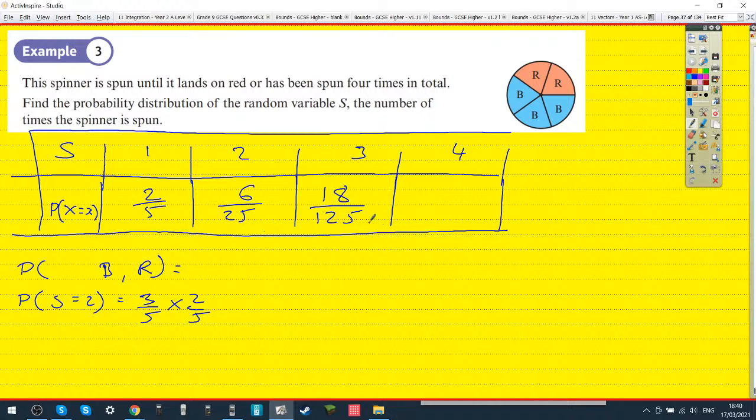And the last one, it could just be all blue, but it could also be 3 blues and a red. And so you could find the two separately and then add them. An easier way would be to do 1 minus all the other ones. And both will give you the same answer.